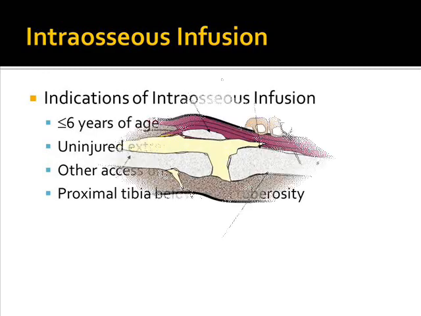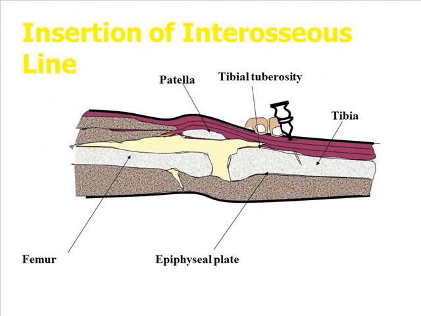And we use this if other access is unsuccessful, usually a peripheral line, and the preferred site is the proximal tibia, usually below the tibial tuberosity, as shown in this diagram.